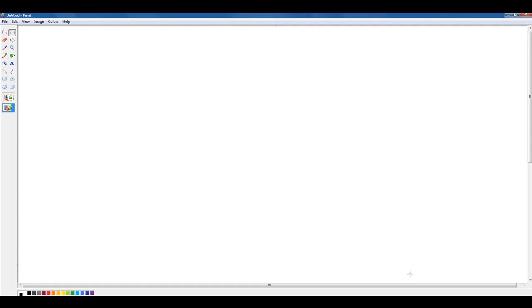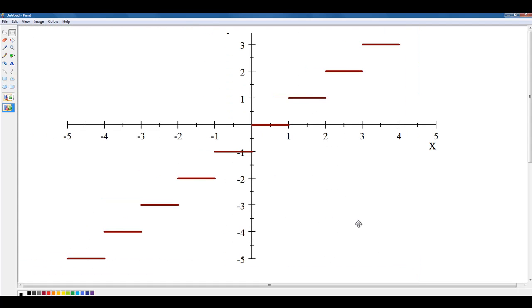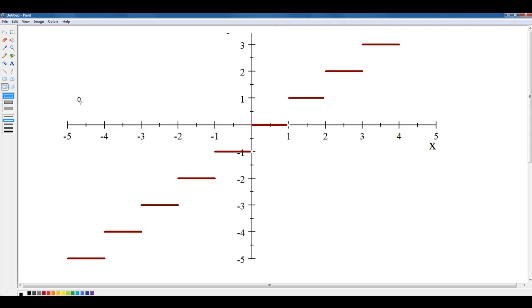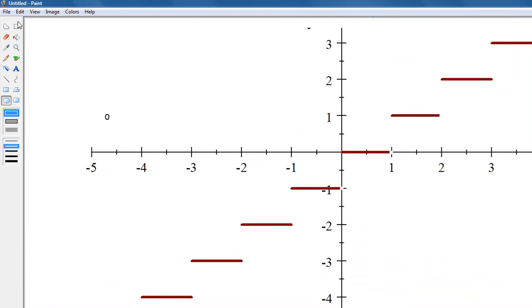Let me erase it and get down to this one. At this point it is not continuous. This is a discontinuity. Then again we have a discontinuity here, and here I think we will have to add a tiny circle to show that. Why don't we copy it so that we don't have to make it again and again.